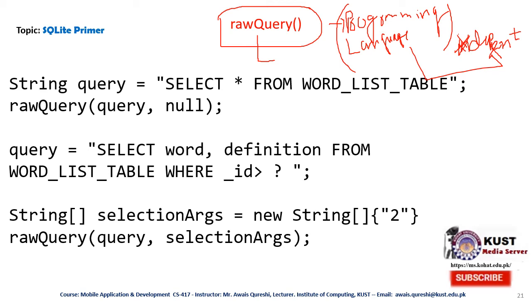So in this slide you can see that there is a string variable, and in this string variable we have composed an SQL query we have seen before, and after that we pass this string as an object to this method. It has two arguments. First is a query string object, and the second one is called the null object.